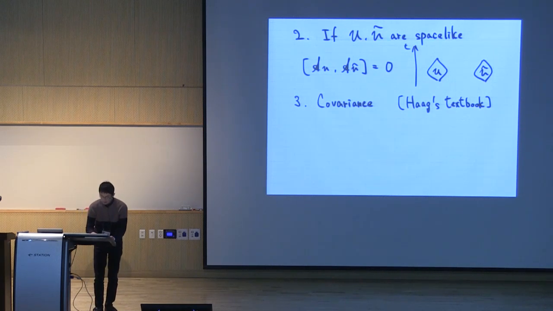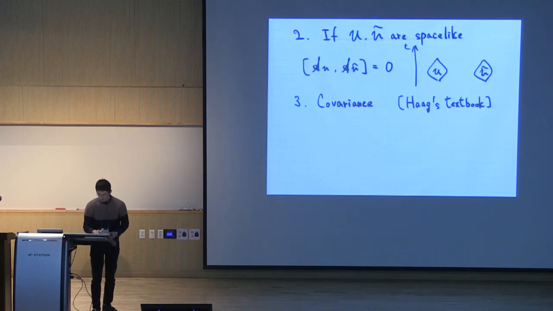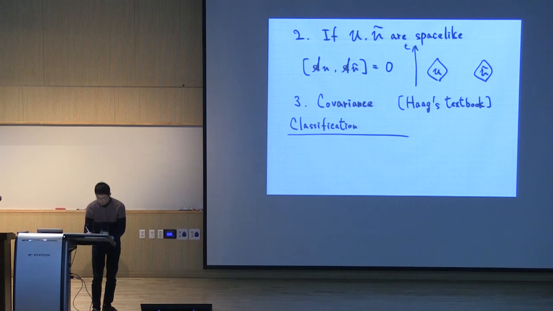Mathematicians study these operator algebras very well, and they also have a nice classification of the algebra A. It is known that there are three types: type 1, type 2, and type 3.